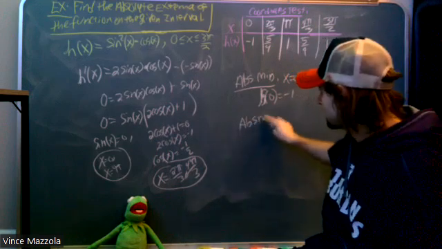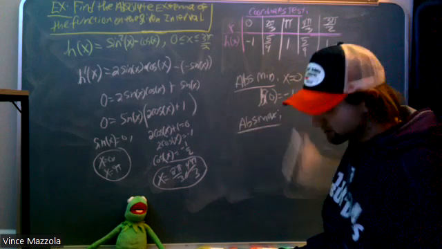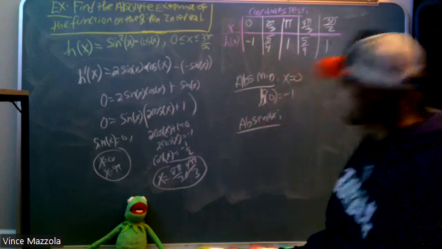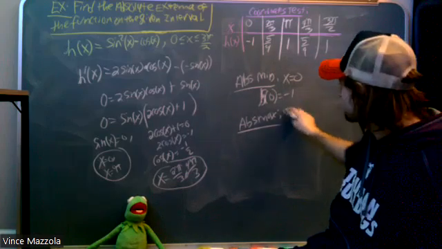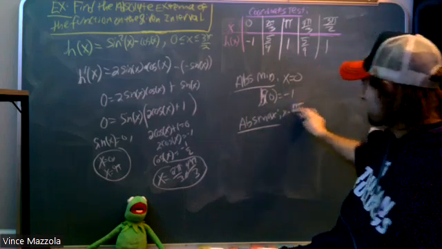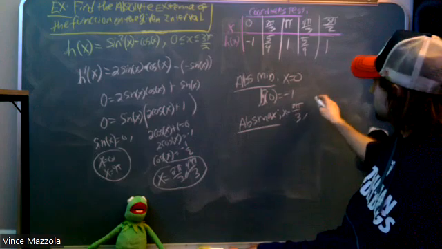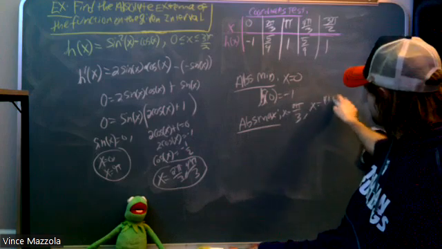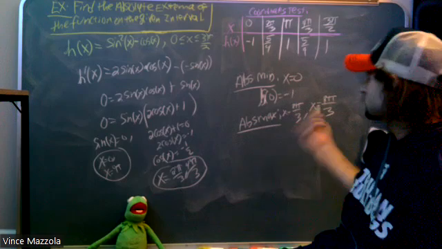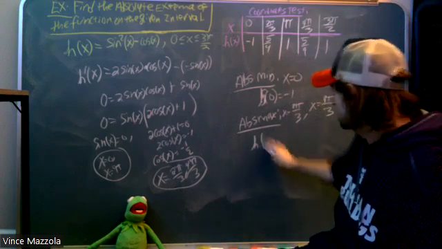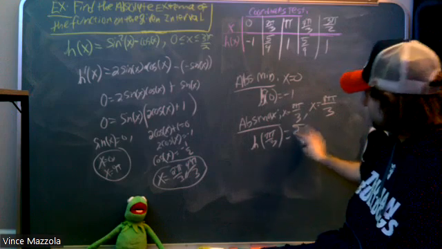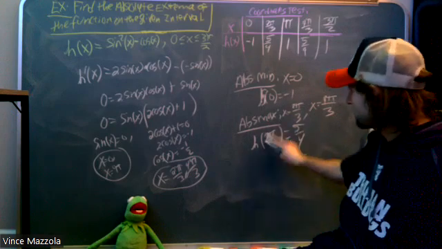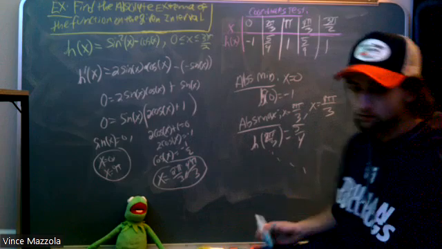Absolute max, in fact, we actually got 2 of them. Our absolute max is 5/4, and that's going to occur at x equals 2 pi over 3 and x equals 4 pi over 3. And of course, it's going to be 2 pi over 3 that gives you the 5/4, and similar with the 4 pi over 3.